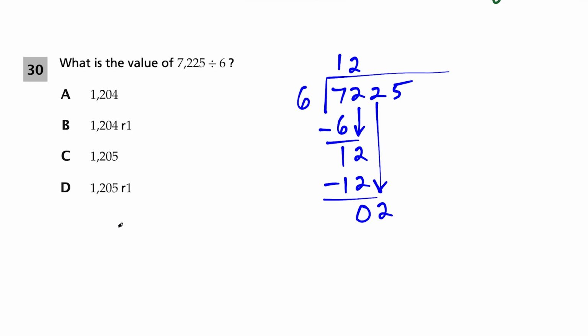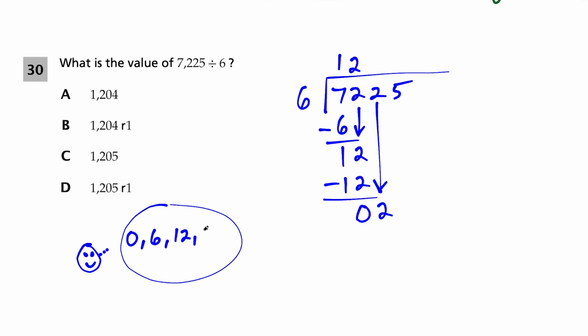If we think about our 6 times tables, if I start at 0, I have 0 times 6, 1 times 6, 2 times 6, 3 times 6, and so on. The problem here is that I only get to 2 if I start at 0. I can't go to 6 times 1 because that puts us past 2. So I have to start here at 6 times 0.